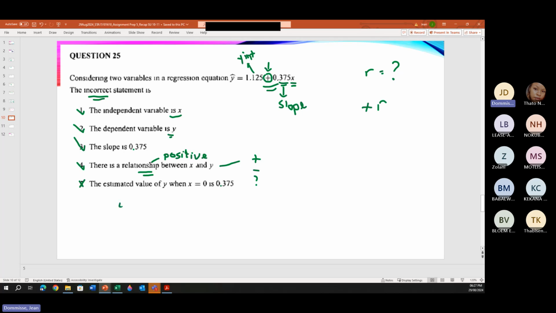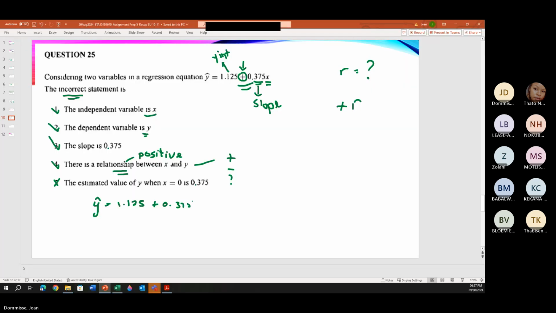And the reason for that is, so y, the estimated value for y when x is 0, that component will be 0.